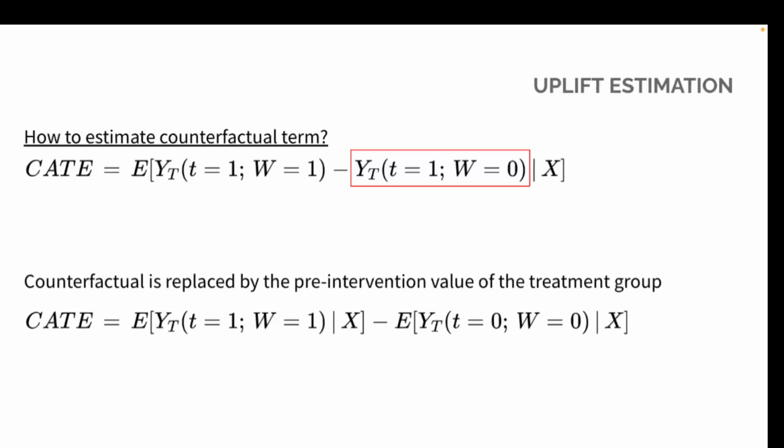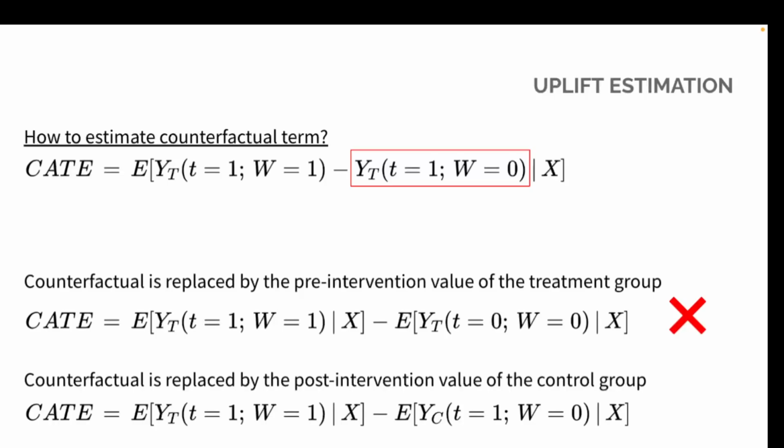There is another approximation, and this is also a bad one. I have a control group, right? I can find people who were not treated. This is the control group, as we described earlier. I can replace the counterfactual with the value of the same variable in the control group after the intervention.